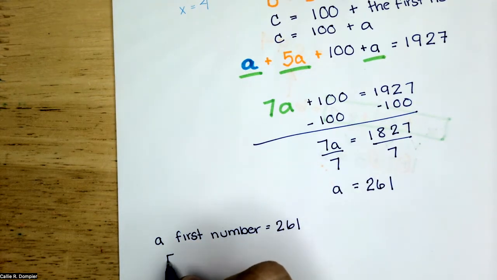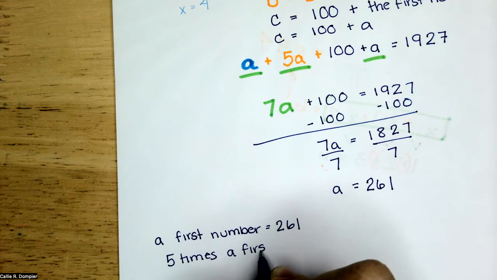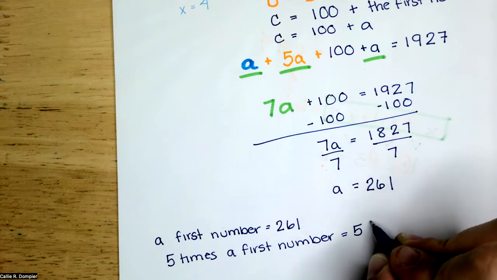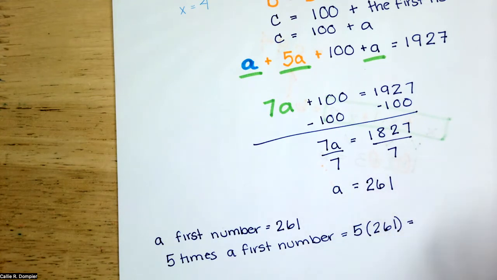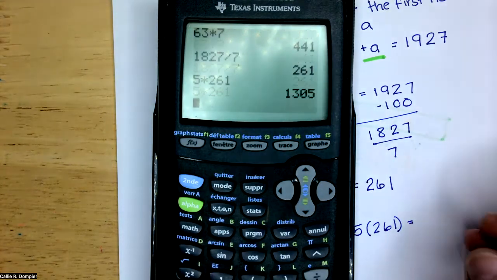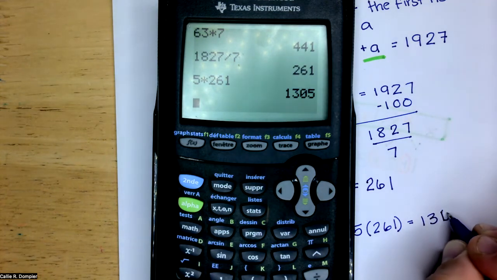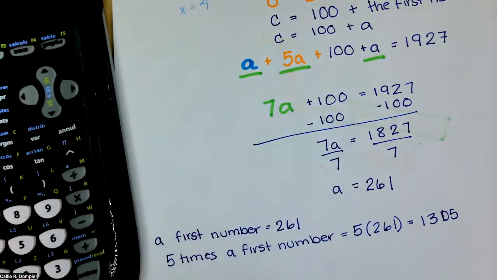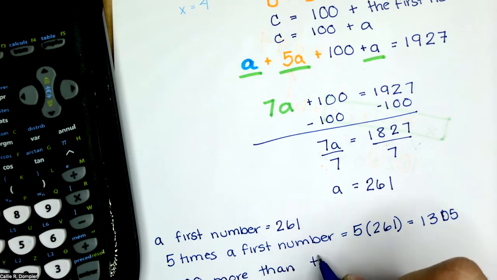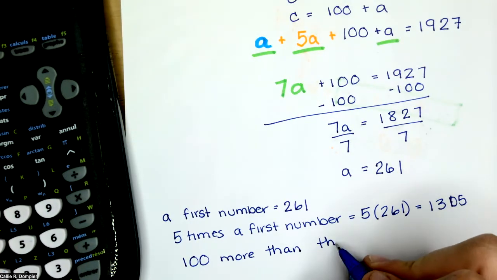One number is 5 times a first number. So 5 times 261 becomes 1,305, sorry. And then a third number is 100 more than the first number.